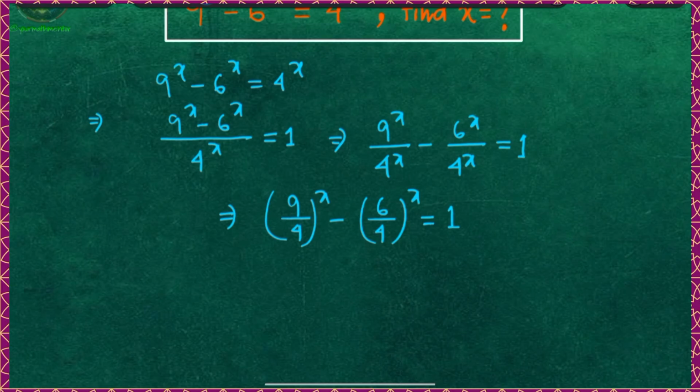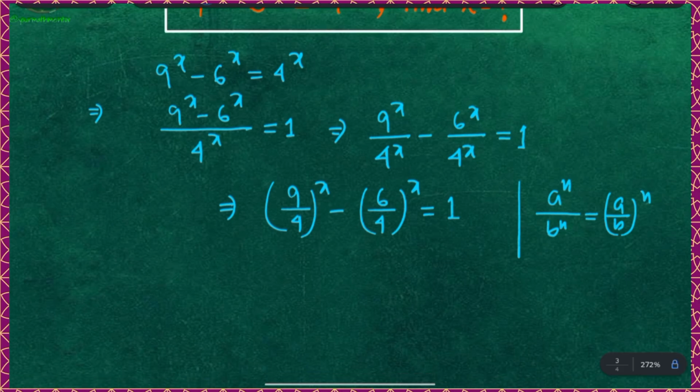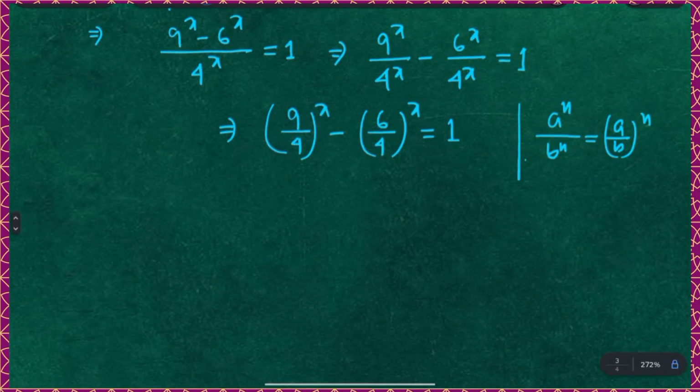Since we know a to the power n by b to the power n can be written as (a by b) whole to the power n, 9 can be written as 3 square, and 4 can be written as 2 square.